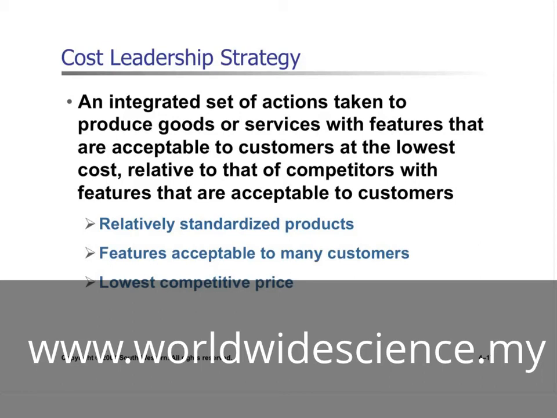You have to do it according to the needs of the customers that are out there, that are buying your product. So those who are able to do well are those who focus on those features that are acceptable to customers and make sure they shine out.